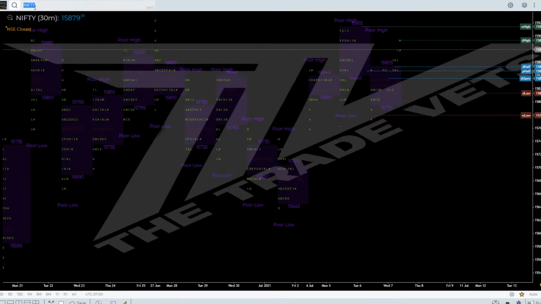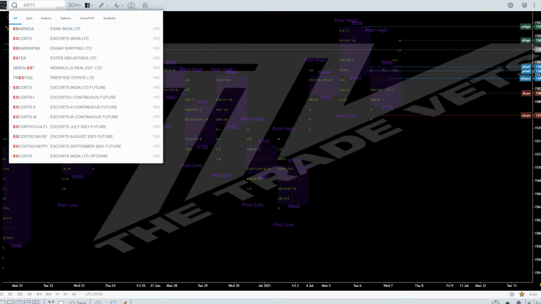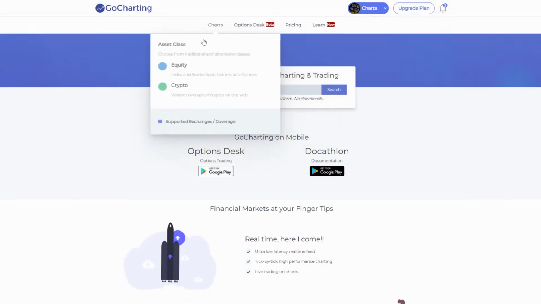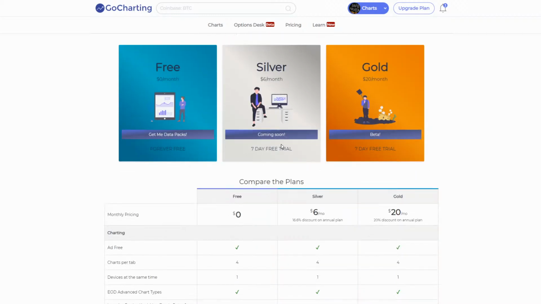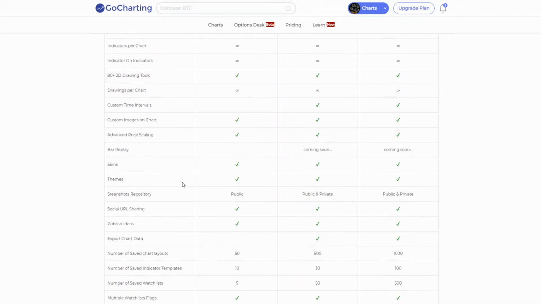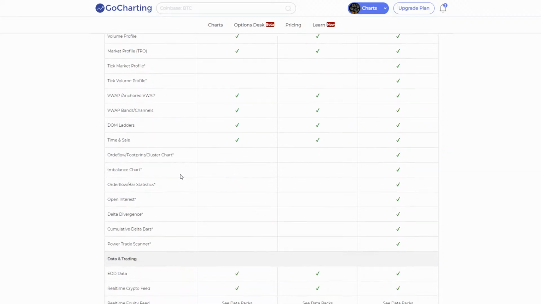So you might need to have the subscription. I haven't looked at it on Go charts. I need to upgrade the plan. This is coming soon. The beta, $20 a month. Does it give us what we need? It gives us order flow tools. That's nice. Imbalance chart.